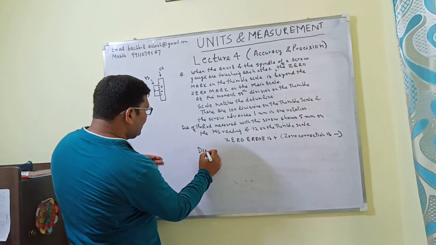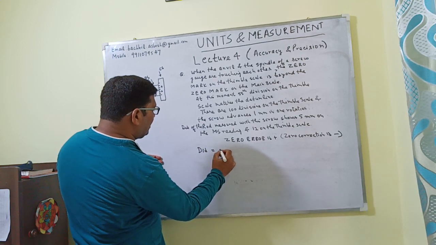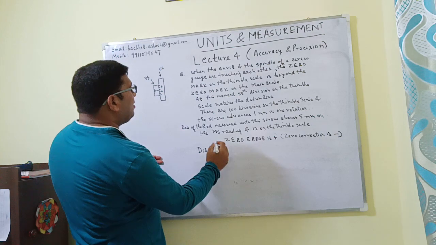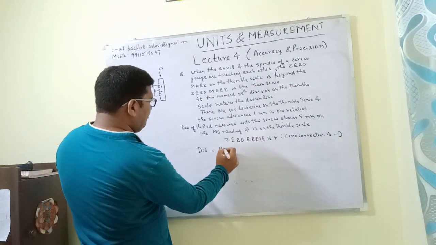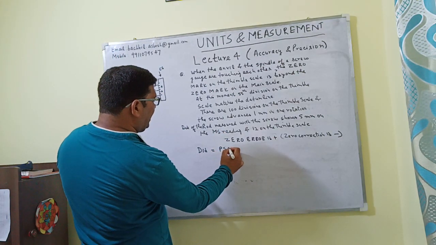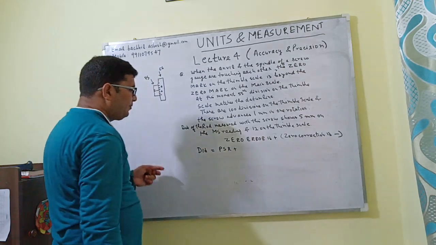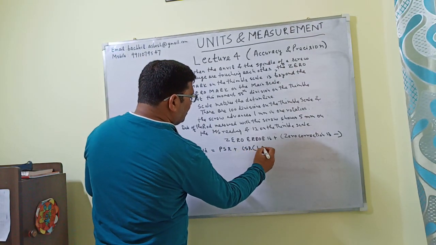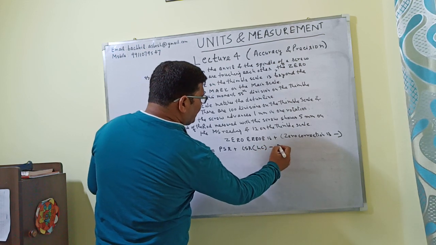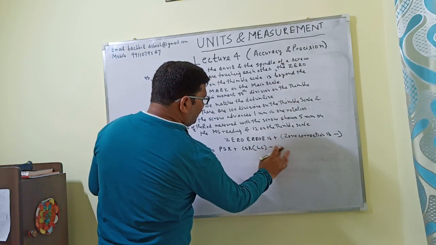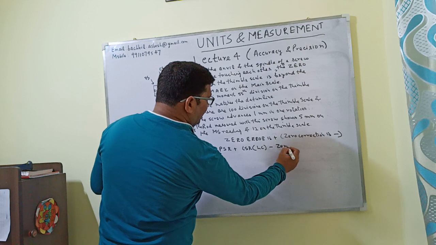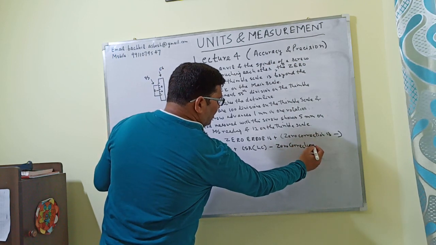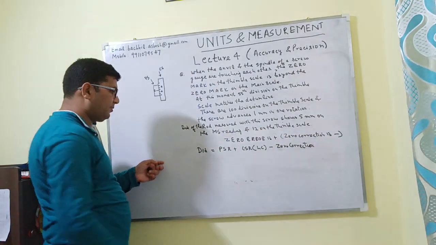In this case, dia will be equal to the pitch scale reading plus circular scale reading into the least count minus 0 correction. 0 correction is minus because the 0 error is positive.